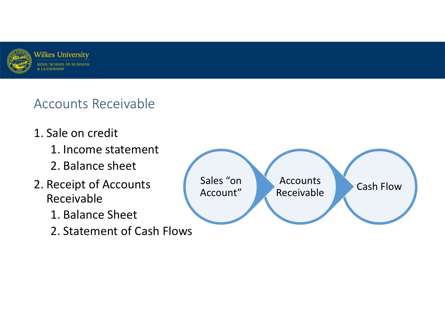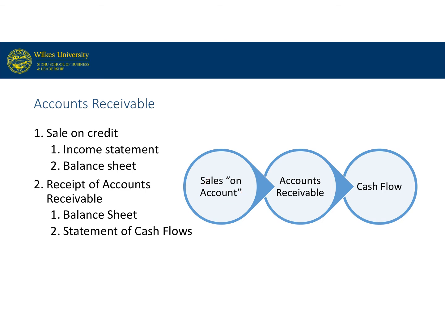I want to take a moment to further explain how accounts receivable affects cash and the income statement. A sale is first made on credit. You might often see the words on account, and that means the same thing as on credit. A key here is to know that the company earns sales revenue, and it will appear on the income statement, even though cash has not exchanged hands yet.